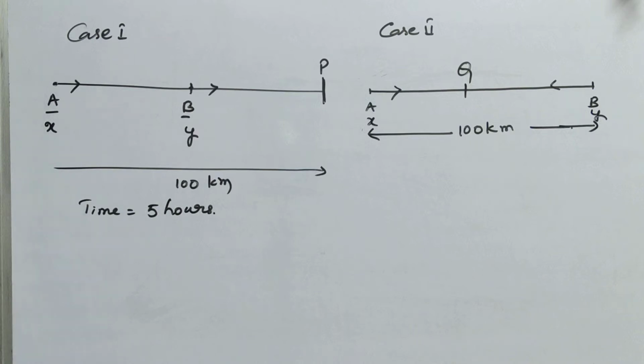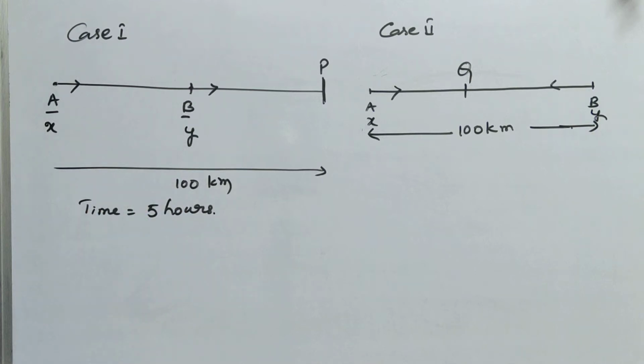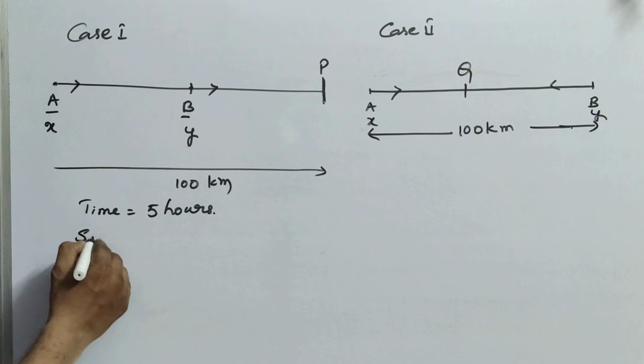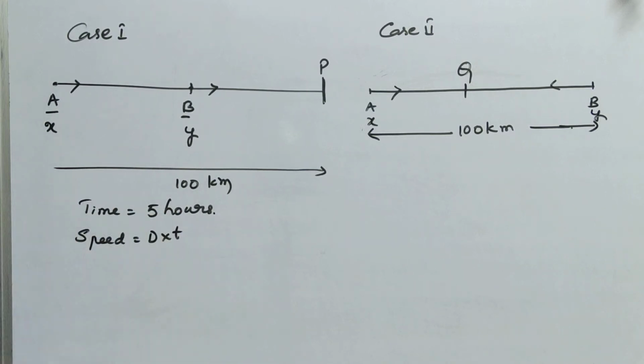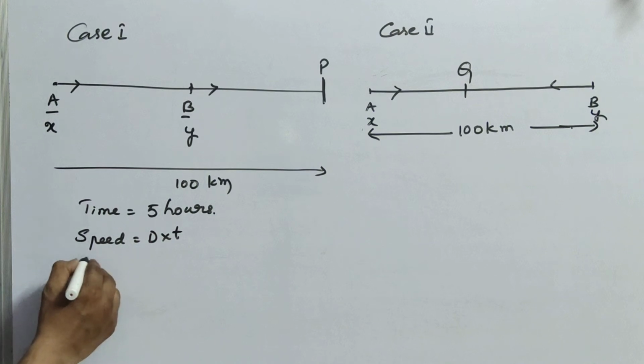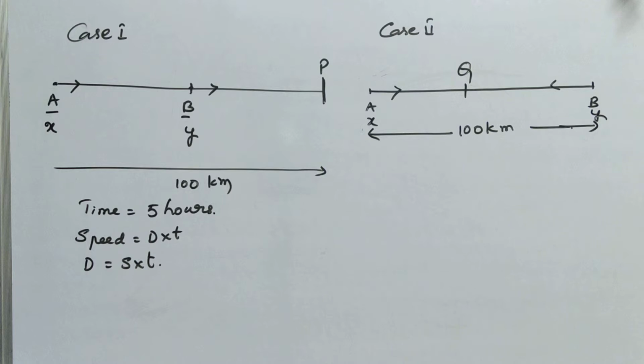Now suppose you want to find distance, the total distance is 100 kilometers. Speed is equal to distance by time, and distance is equal to speed into time. Do you know these formulas?